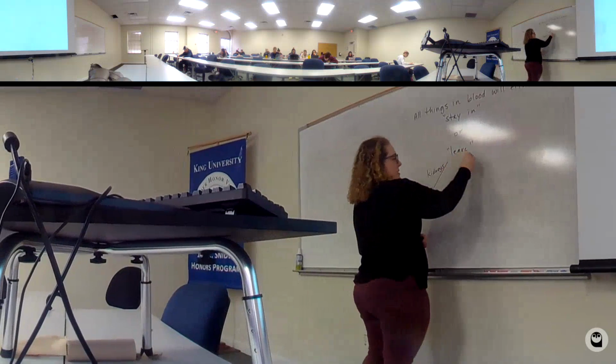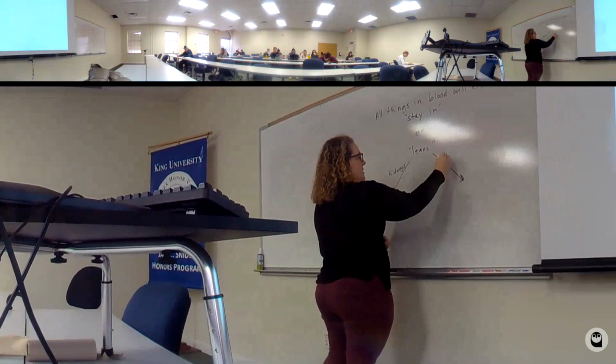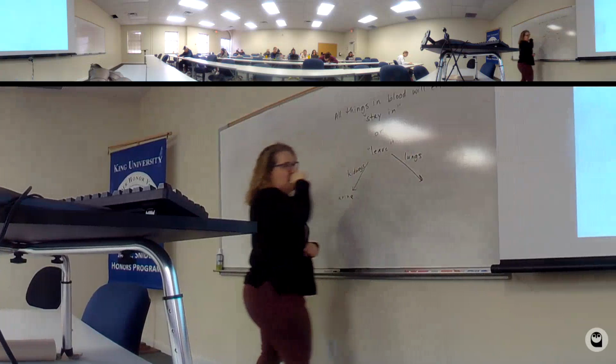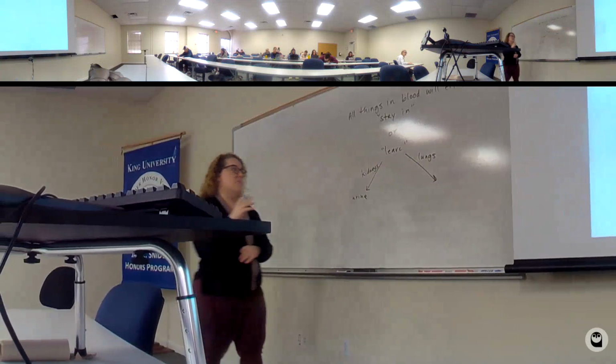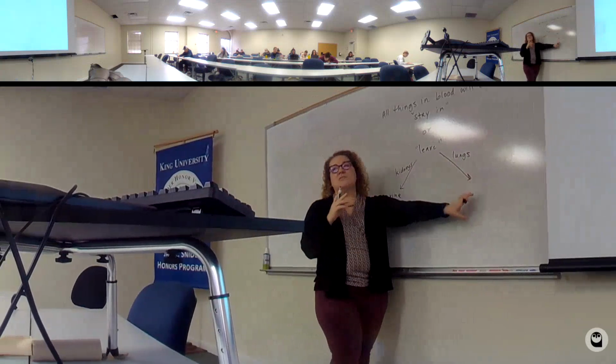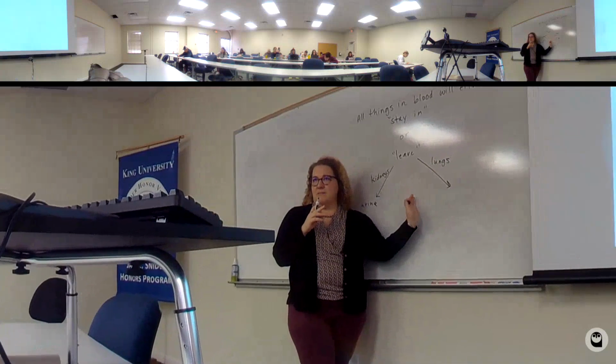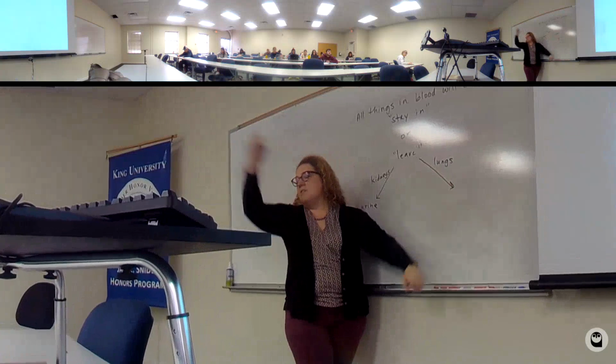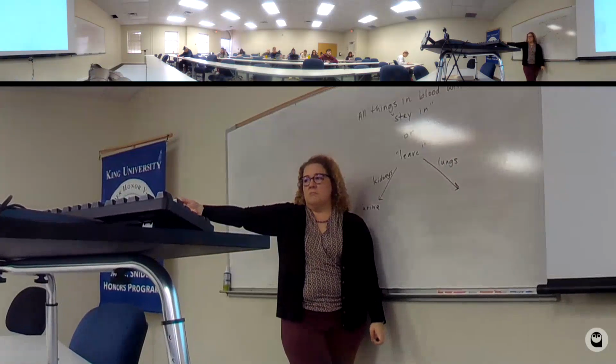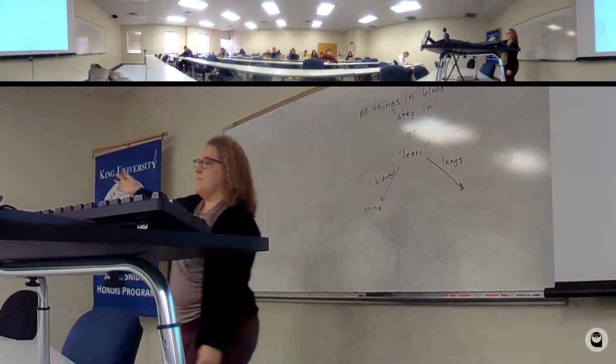The other general place where things can leave the blood is through the lungs. And this is much more limited. So what tends to leave the body, to go out from the blood and into the lungs and then go on out? Something that we need to get rid of.